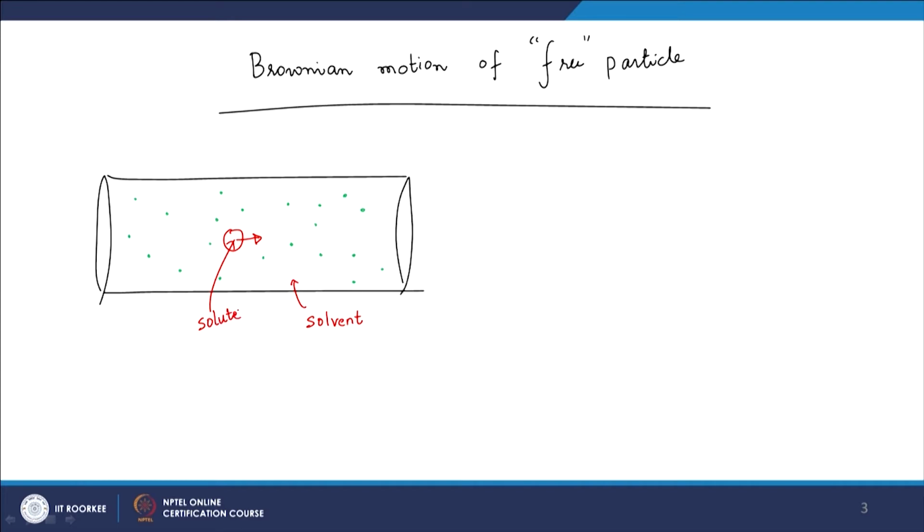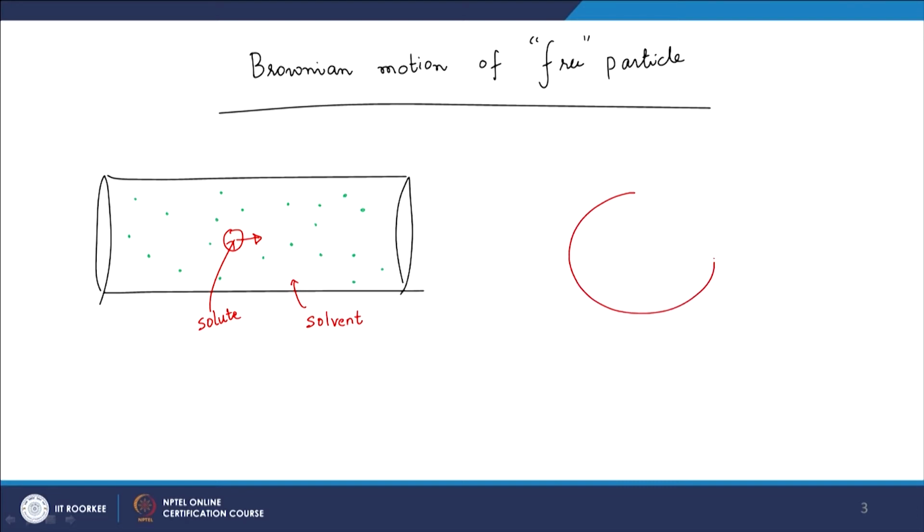So, if I think of the motion of this particle, if the particle is large enough, we already have said that the Brownian motion is insignificant, that is the velocity of the particle due to thermal fluctuations is very limited. In this case, since I have taken just one solute particle, it is not undergoing any collision with other solute particles because they are not present. The only thermal motion it is getting is because of collisions from solvent molecules, right.